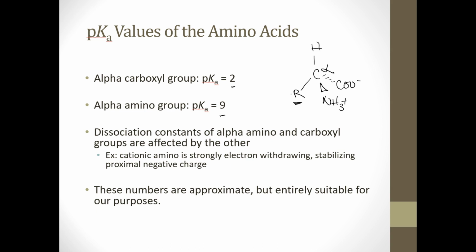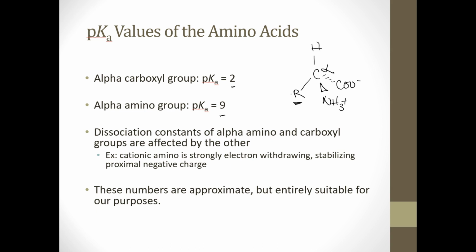Now, some of you may be fresh enough on your OChem to rethink, well, pKa of 2, that seems awfully low for a carboxyl group. I remember acetic acid, our most basic carboxylic acid, having a pKa of 4.76.